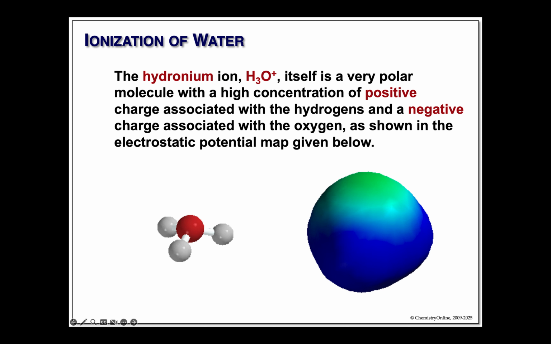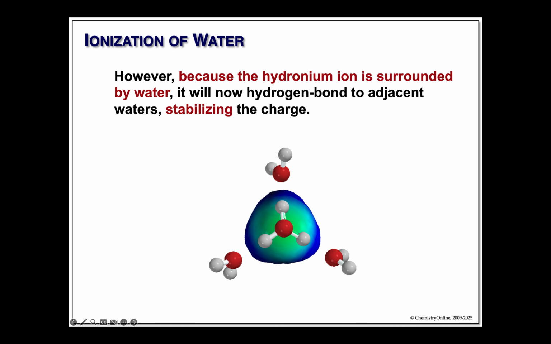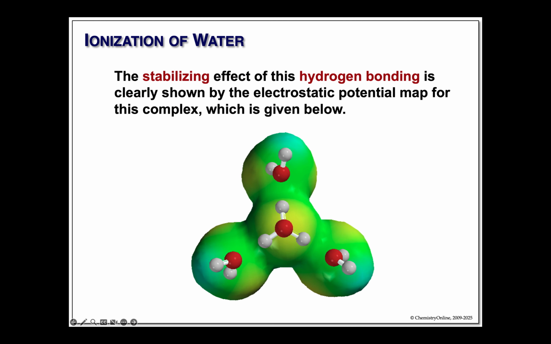If we do what we did with the sodium cation and surround the hydronium just with 3 waters. Remember, the hydronium is big and blue. Our 3 waters, just the 3 waters, are able to disperse the charge enough to give us something like this.